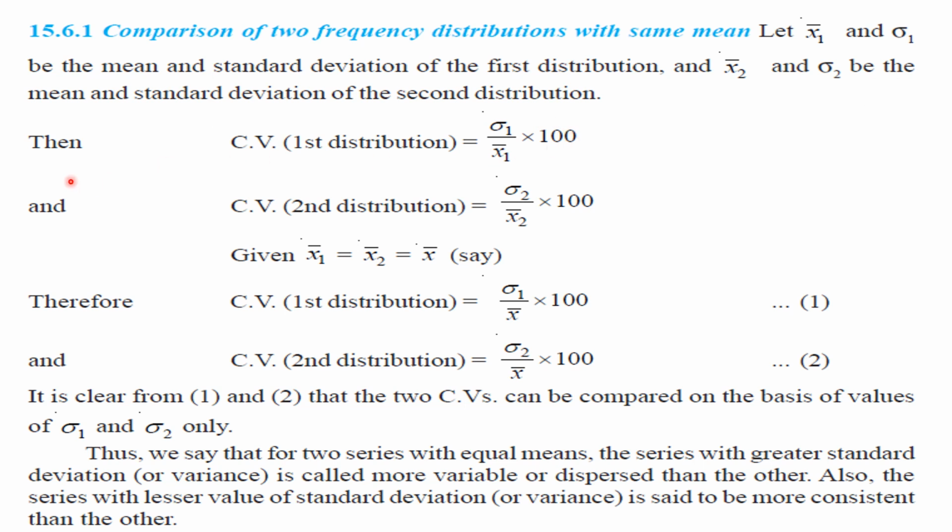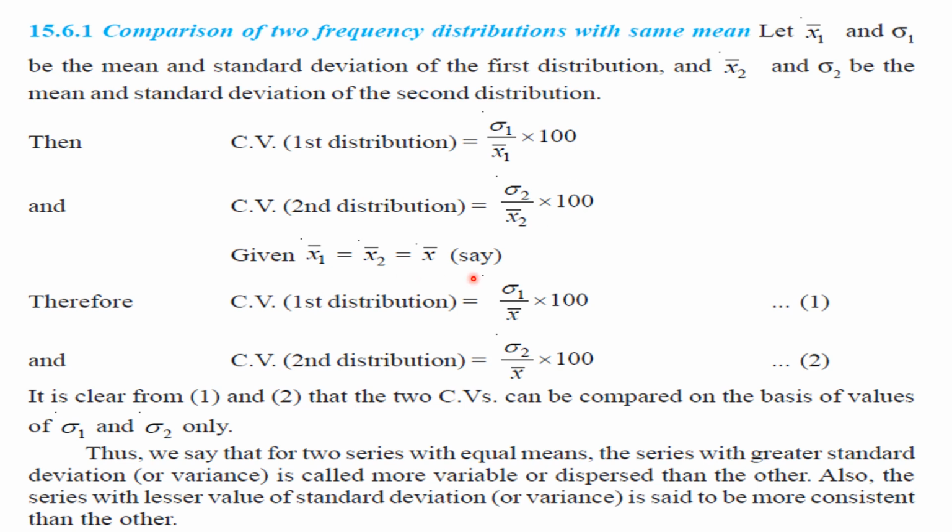Then coefficient of variation of the first distribution is equal to sigma 1 by x1 bar into 100. Similarly, coefficient of variation of the second distribution is equal to sigma 2 by x2 bar into 100. Here, the means of these two distributions are equal, so x1 bar is equal to x2 bar is equal to x bar.